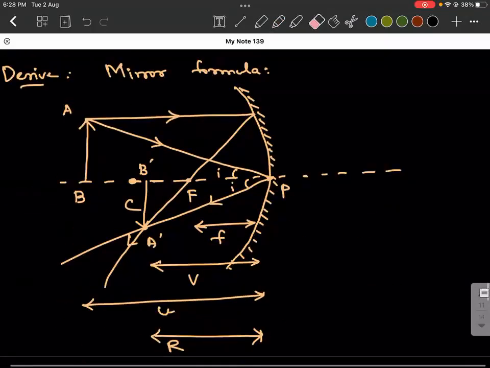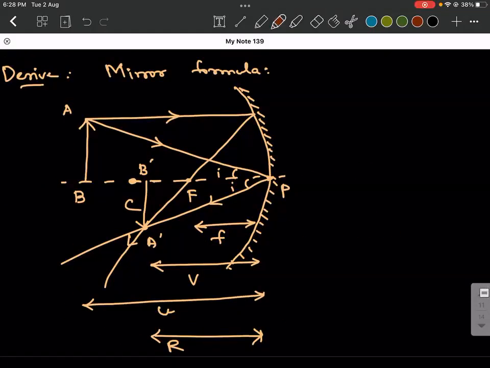For me to do this derivation, I need to use two right angle triangles which are similar to each other. The first set of similar triangles that I'm able to see are triangle BAP, which is similar to triangle B dash A dash B. Okay, because one of the angles in both cases is, oh sorry, one minute, I can write it as ABB.